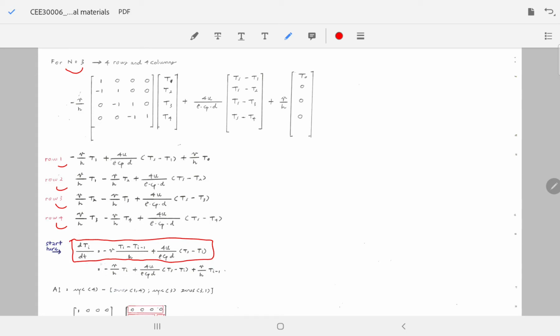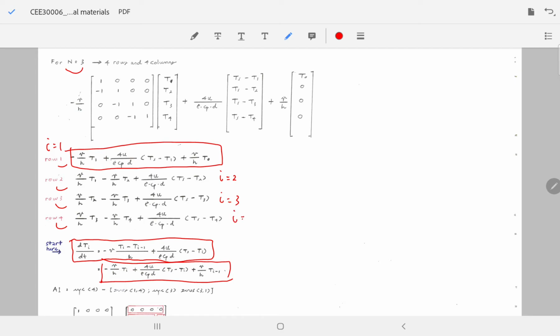Then this will be the one that you have, and this can be broken down more into this one. You start with i equal 1, and you will have this particular expression. This one will be i equal 2, this one i equal 3, this one i equal 4. Once you do that, you know that all these systems of 4 ODEs can be represented in this matrix shown here.